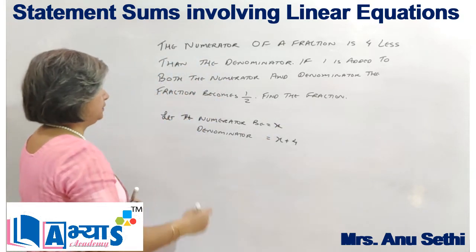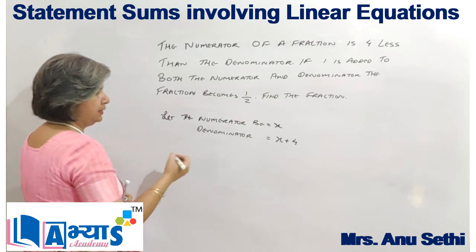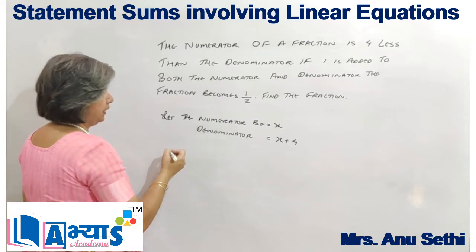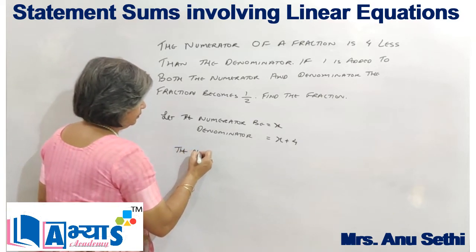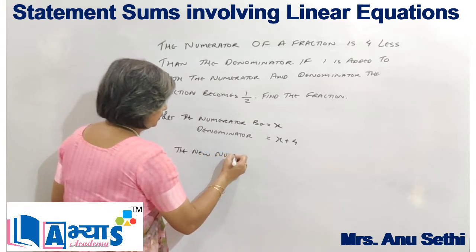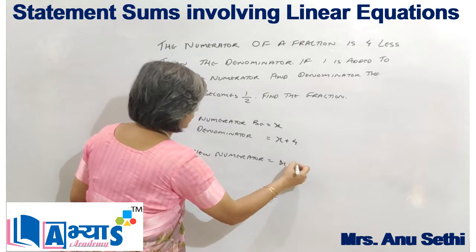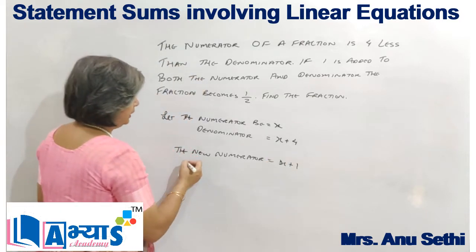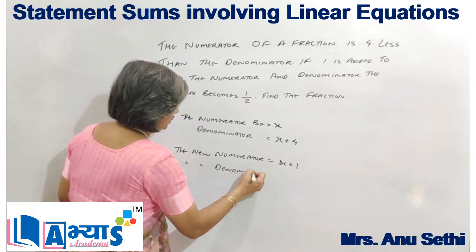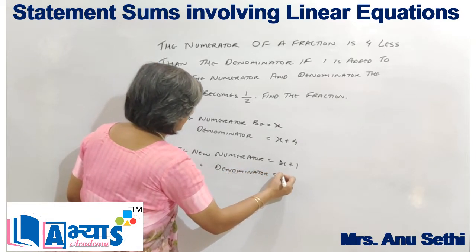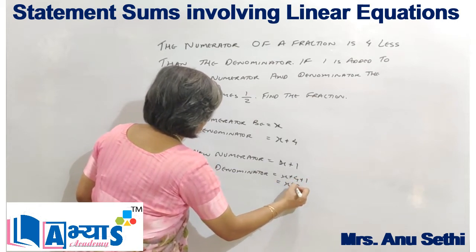Then we are given that if 1 is added to both the numerator and the denominator, the new numerator will be x plus 1 because 1 is added to the numerator, and the new denominator will be x plus 4 plus 1, that means x plus 5.